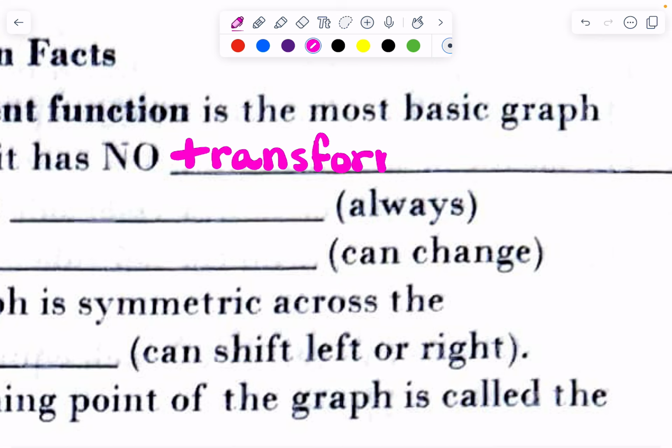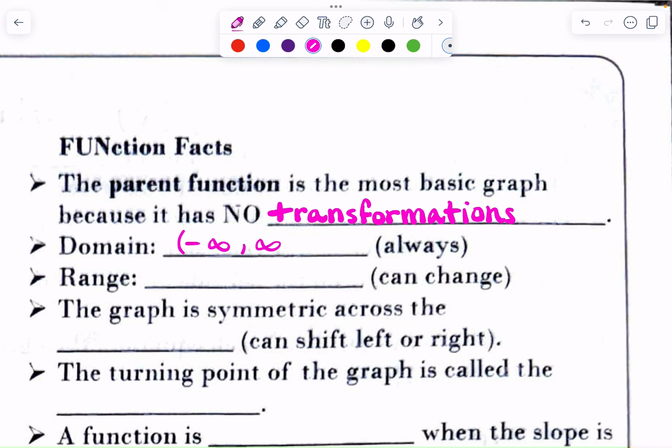Okay, then the domain will always be -infinity to +infinity, and the range will be 0 to infinity. The domain will always be -infinity to +infinity, but our range does change based off transformations.